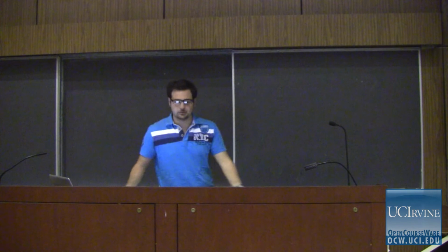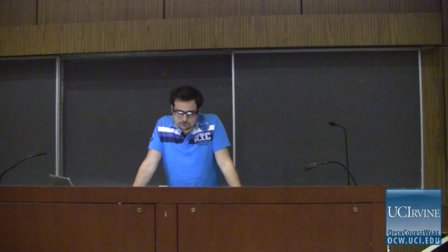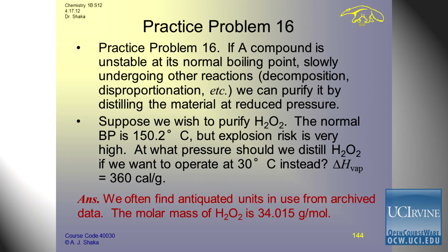Now, this is a practice problem. Let's say a compound is unstable at its normal boiling point, right? If it's unstable, that means it's reactive, so your compound is not what it is. You want to purify it by distilling the material at reduced pressures. So let's say we want to purify H2O2.